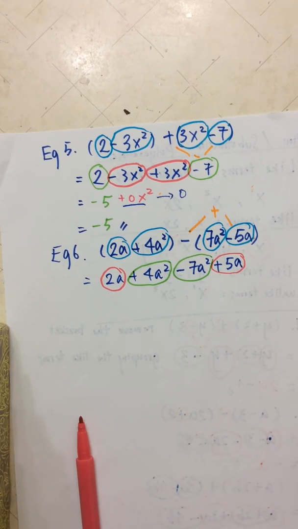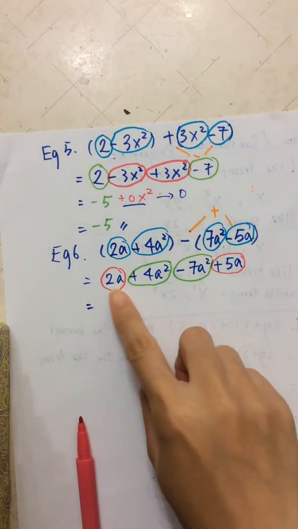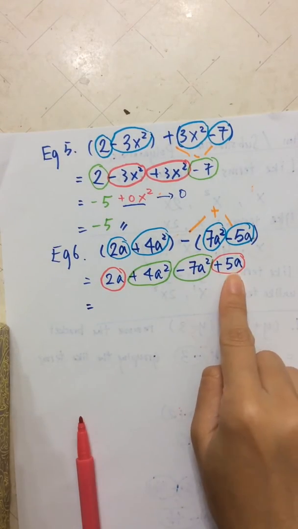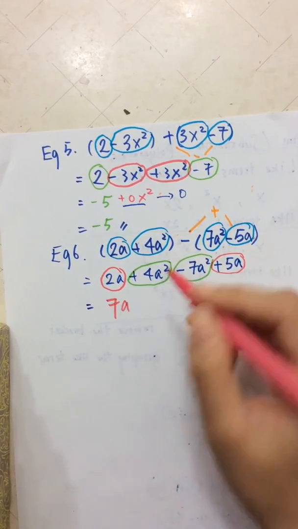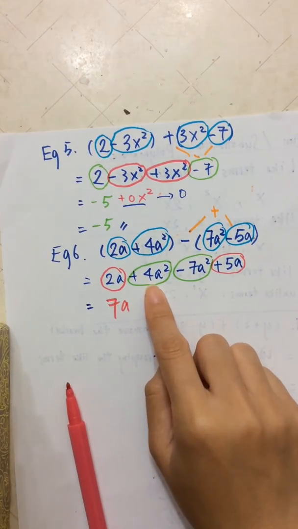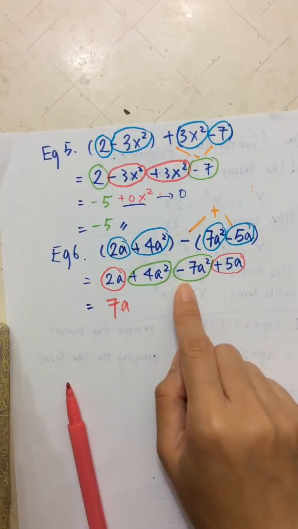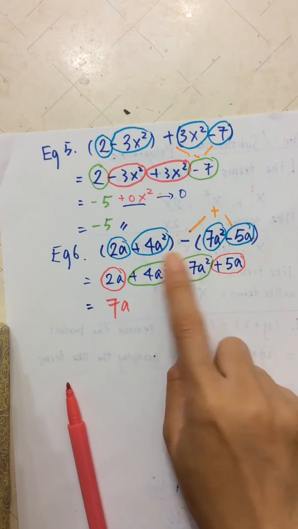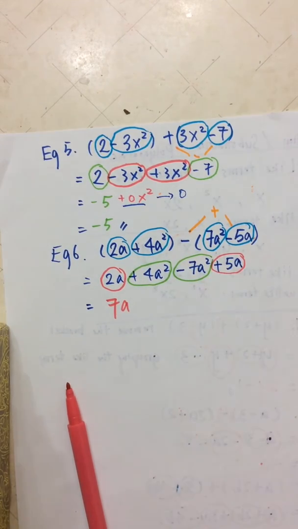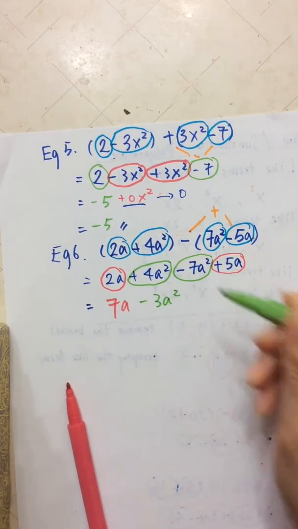So at the end, you can further group and calculate: 2a plus 5a becomes 7a. And then positive 4a to the power 2 and negative 7 times a to the power 2, finally becomes negative 3a to the power 2.